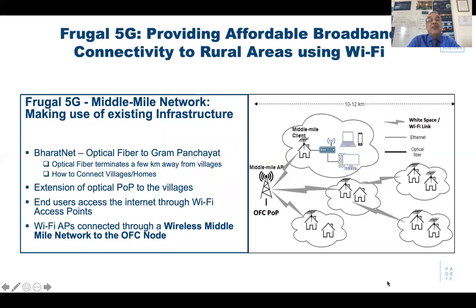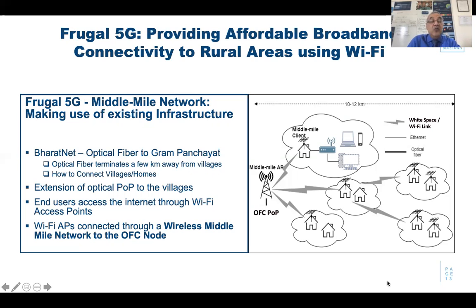So you make use of the existing backhaul which is required for 2G and 3G, and then extend that backhaul from the optical point of presence to the villages through the middle mile, which predominantly will be wireless. It can be on Wi-Fi 6 in the 5 gigahertz band, or on white space, or on optical fiber, but aerial maybe.